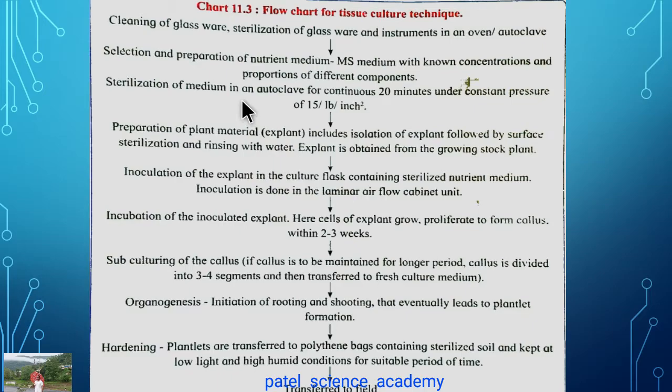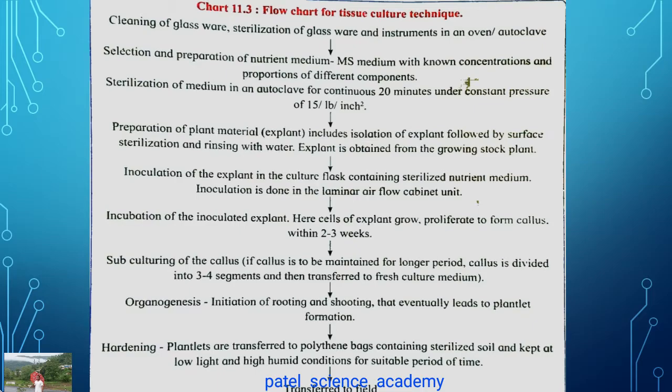MS nutrient medium means Murashige and Skoog medium, M for Murashige and S for Skoog. Murashige and Skoog prepared this medium. That's why it is called MS medium, with a known concentration and proportion of the different components.